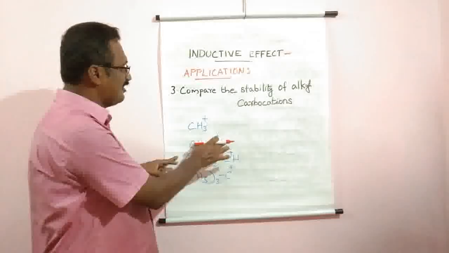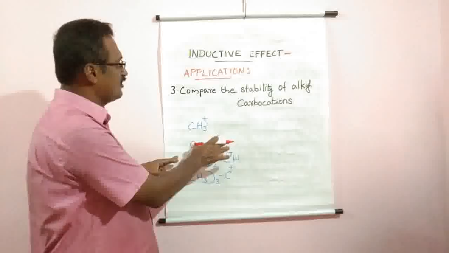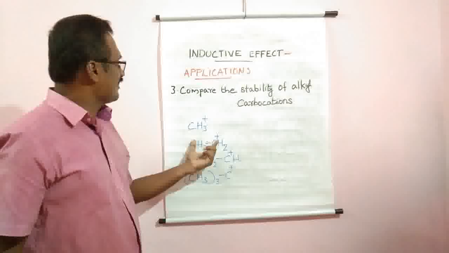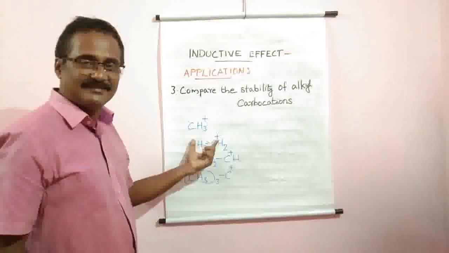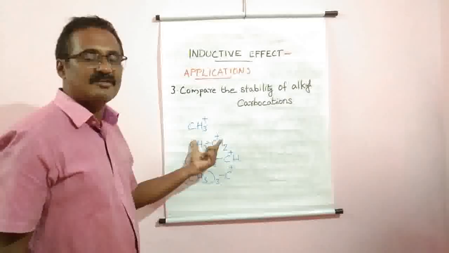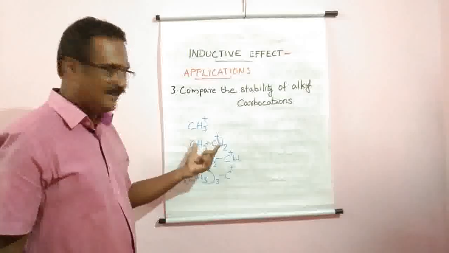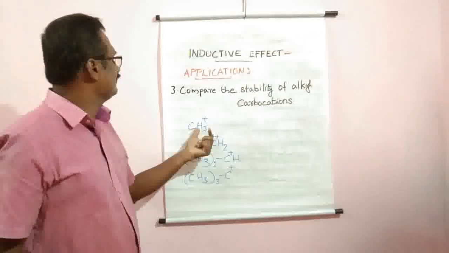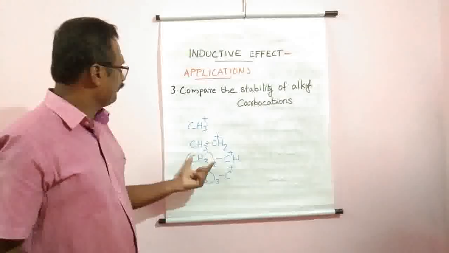Therefore, a dispersal of positive charge takes place between these two carbon atoms. As dispersal of charge takes place, it becomes more stable. Okay? That is, ethyl carbocation is more stable than this methyl carbocation.